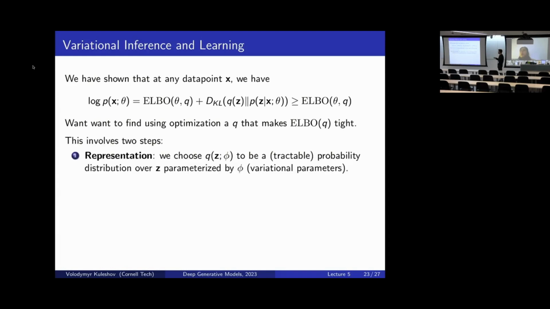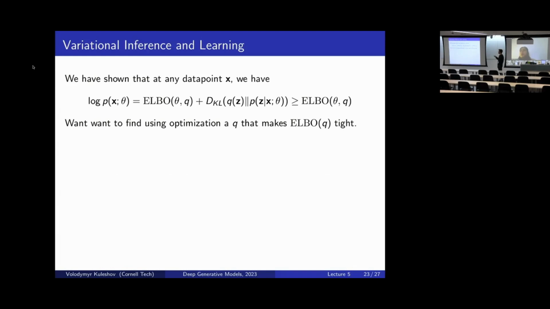So what we do here is we'll try to find a good Q. This will itself be an optimization problem. We're going to optimize over a set of Q to find one that maximizes the ELBO, which means it makes the ELBO tight. Once we have finished optimizing for Q, we fix it, and then in the next lecture, we're going to show how we can take a step on theta.